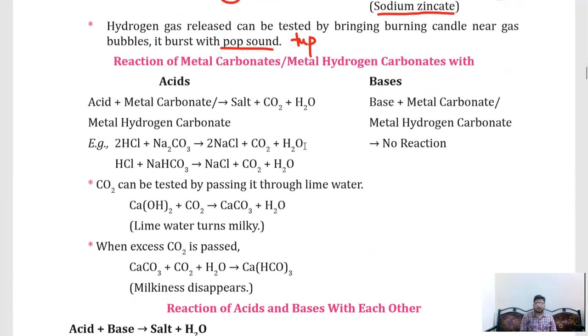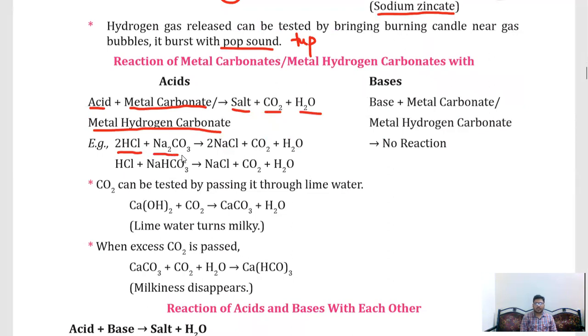Next one, reaction of metal carbonates and metal hydrogen carbonates with acids and bases. Acid plus metal carbonate or metal hydrogen carbonate gives rise to salt, CO2 and H2O. Example, you take HCl, hydrochloric acid, or sulfuric acid, H2SO4, and a metal carbonate.